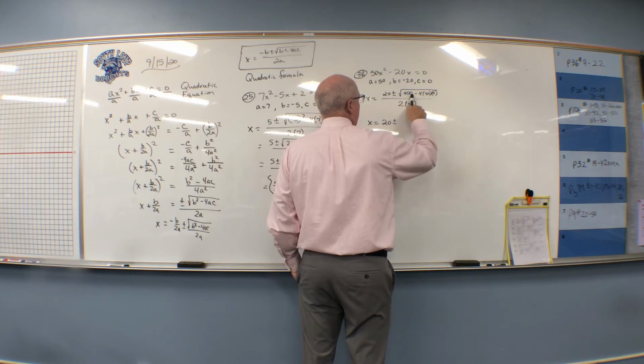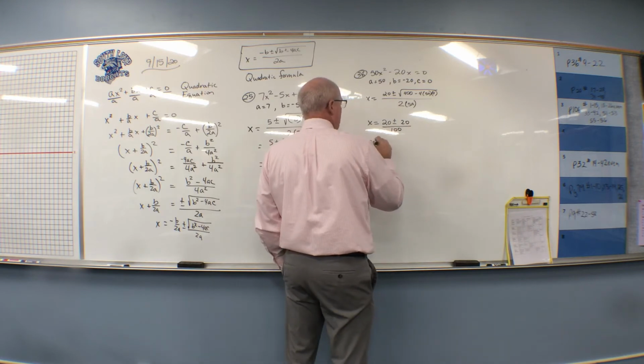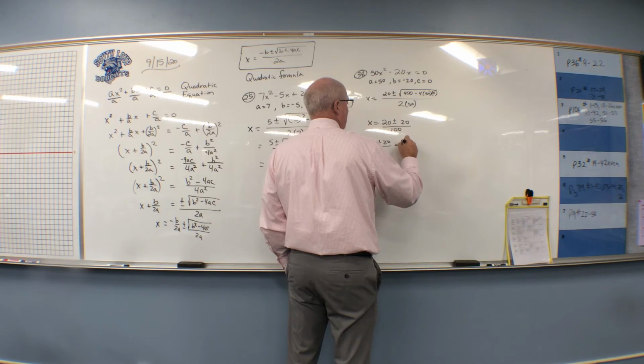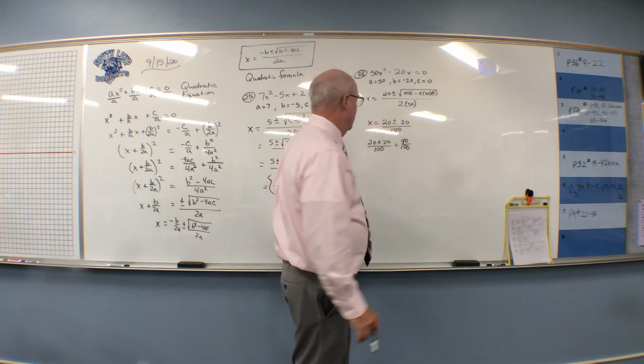The square root of 400 is 20, isn't it? Over 100, right? So I have 20 plus 20 over 100, which is 40 over 100.